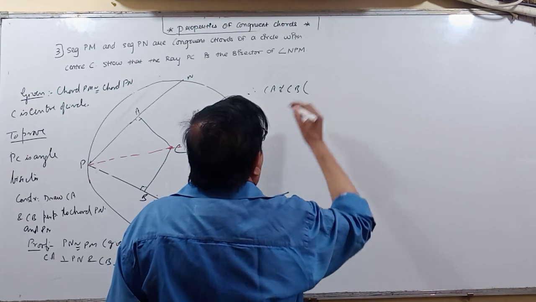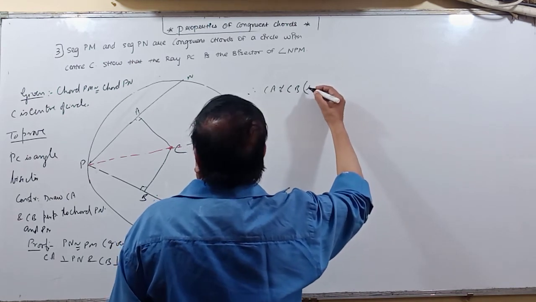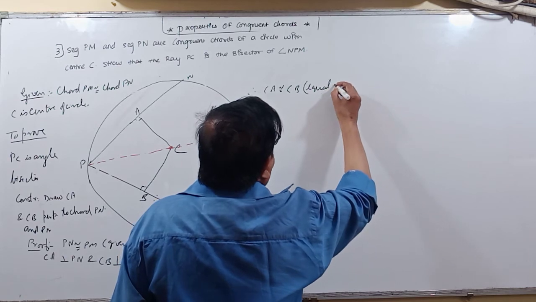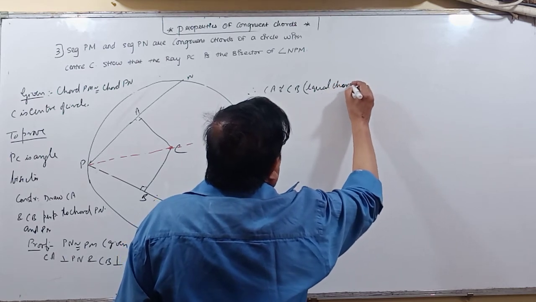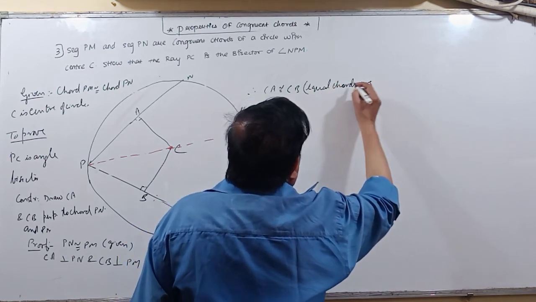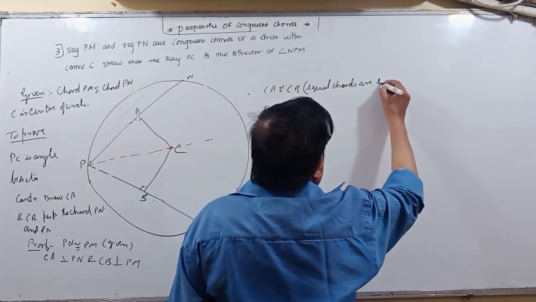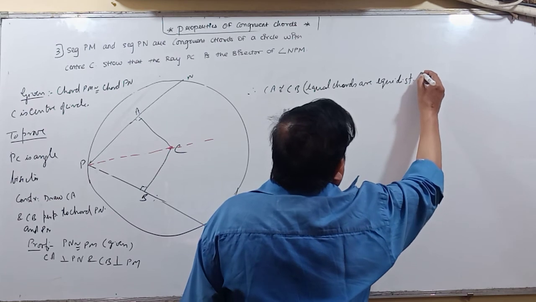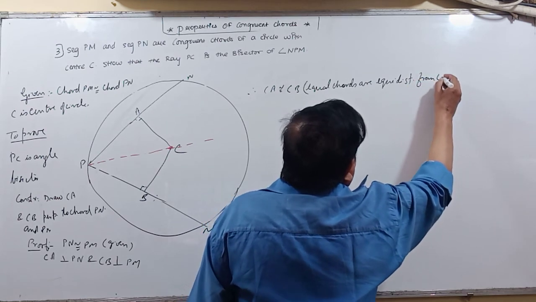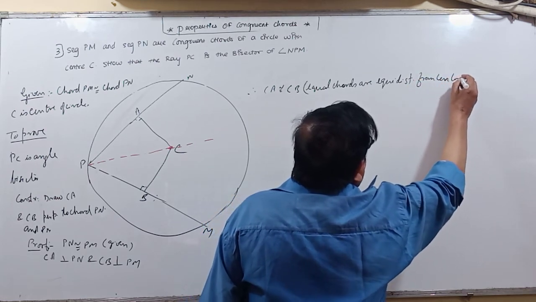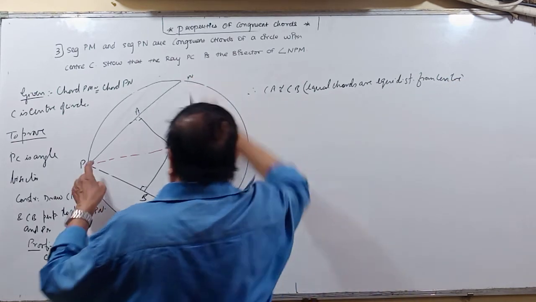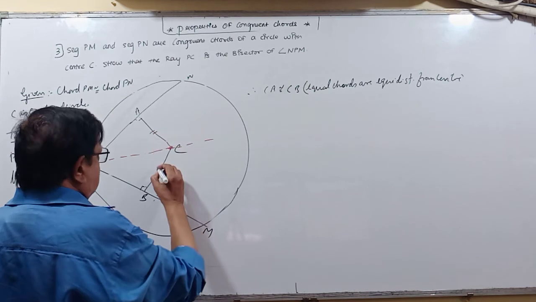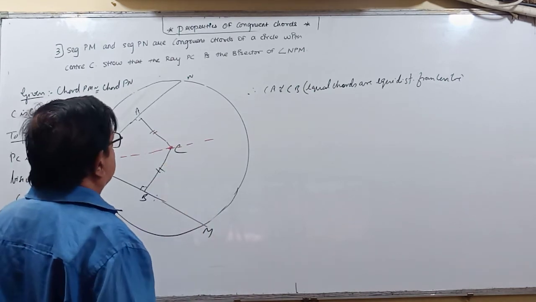What is the reason? Equal chords are equidistant from the center. We just did this theorem. If the chords are equal, their distances are equal. So we have proved that CA is congruent to CB.